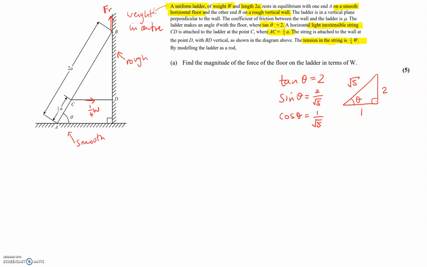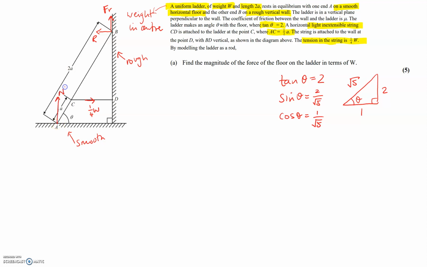By modelling the ladder as a rod, can we find the magnitude of the force on the ladder in terms of W? What I need to do in this diagram is label up any other forces. I've got friction at the wall, but the ladder is pushing against the wall, so there's also a reaction force there. At the floor, there was no friction, but there is a reaction force, and that goes vertically up.